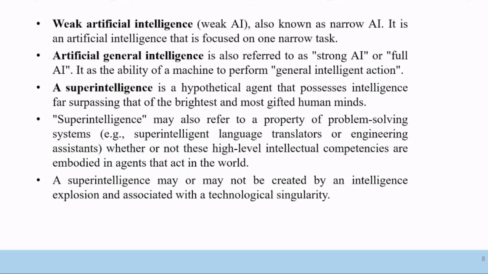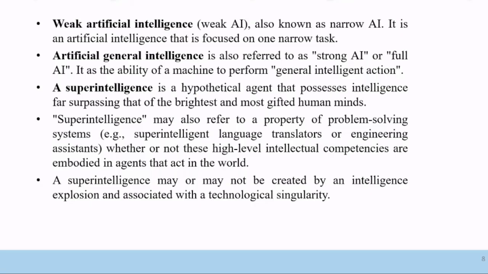And the third one, super intelligence or hypothetical agent, is a mesmerizing device. Whatever we have seen in Hollywood movies, that robot, or the Rajinikanth movie Endiran and Endiran 2.0, and in North India it is Ra.One, a Shah Rukh Khan movie.